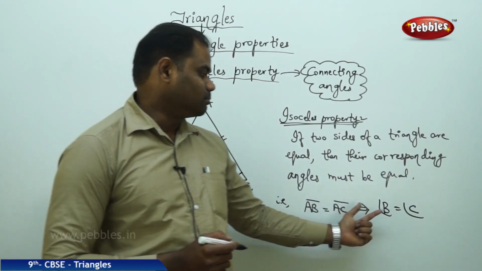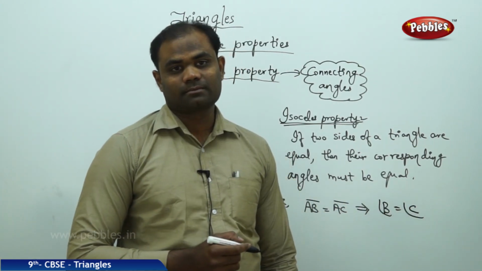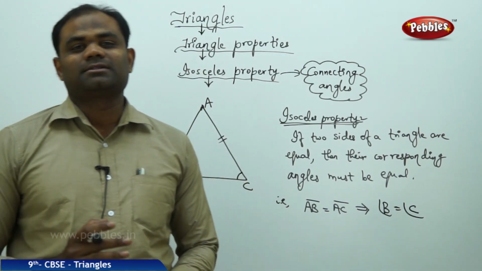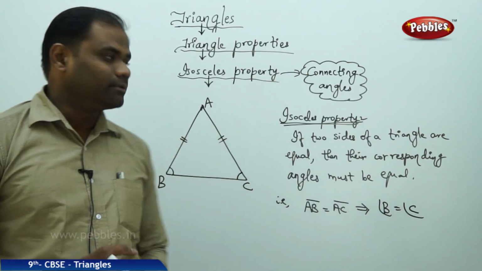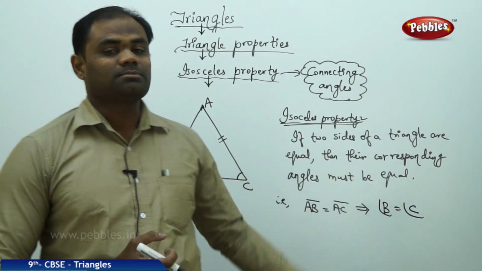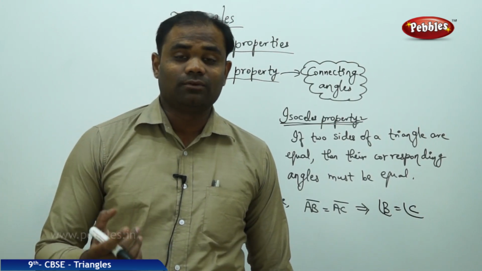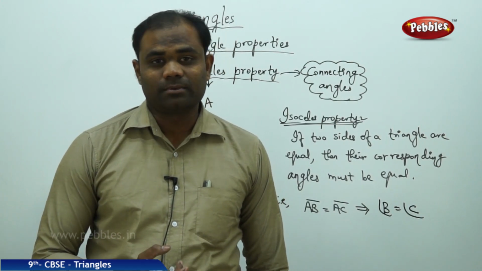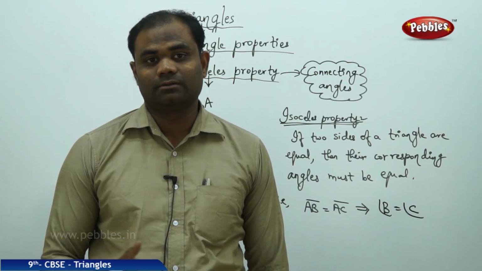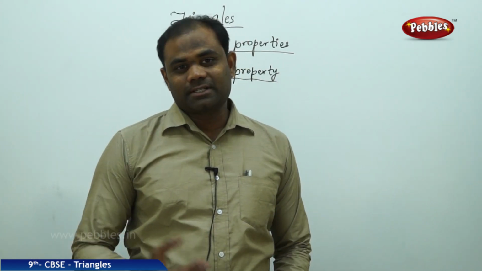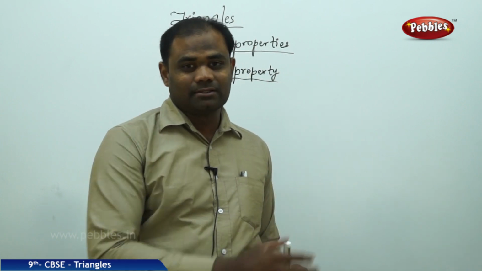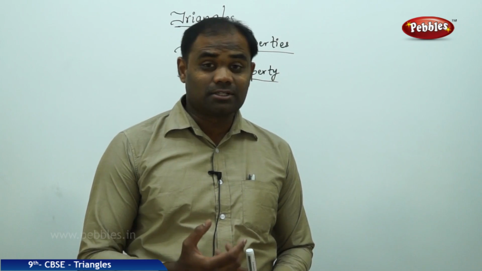This equals this implies this equals this. Isosceles property connecting the sides with angles. Given that two sides are equal, their corresponding angles must be equal, is how we define the isosceles property connected with the triangle ABC.